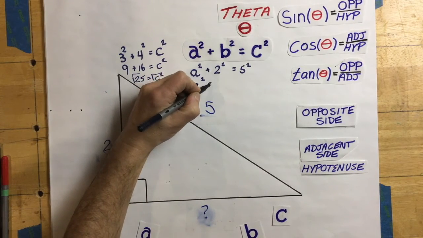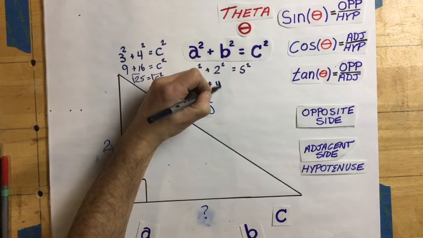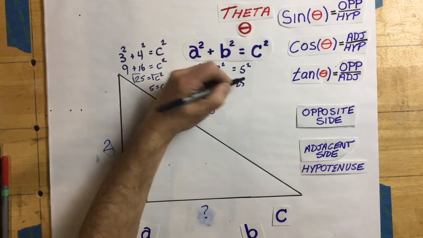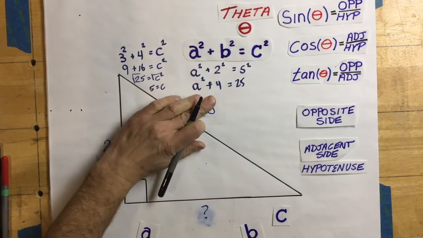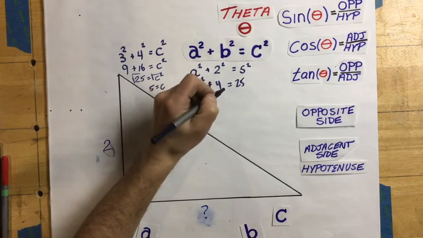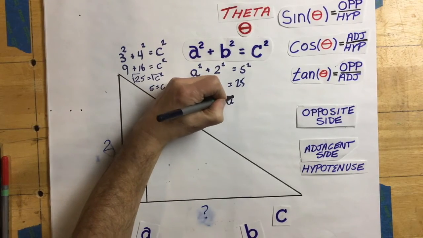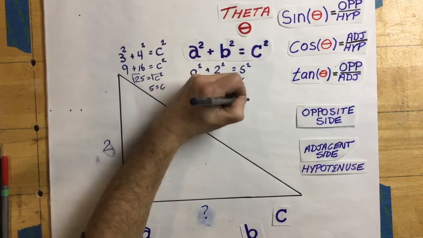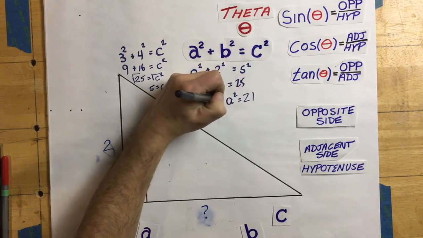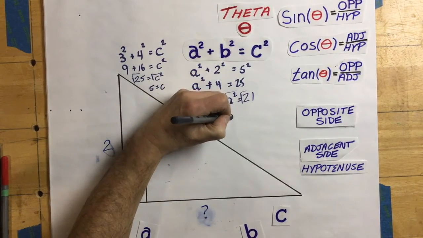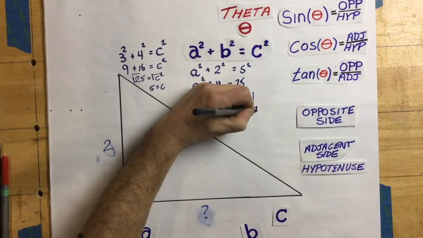A squared plus 4 equals 25. Subtract 4 from both sides. A squared equals 21. And then A is the square root of 21.